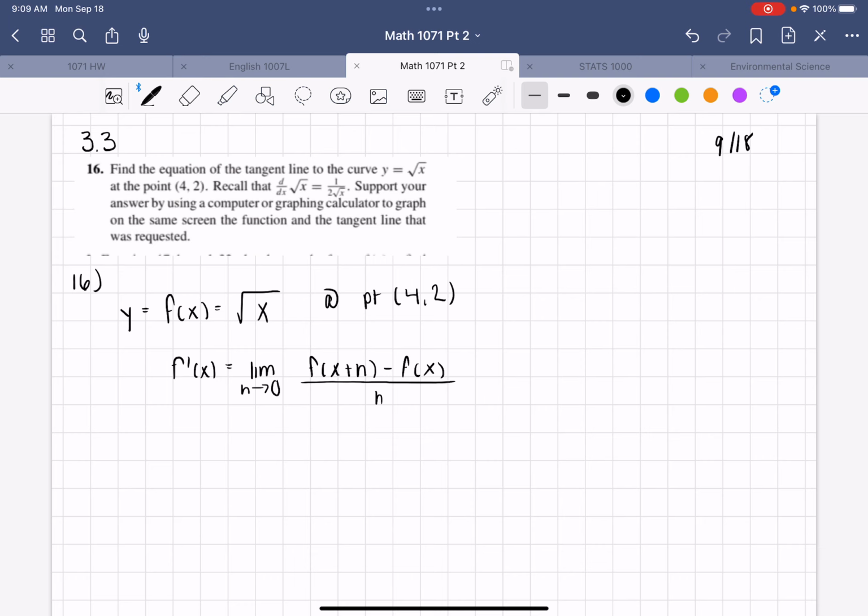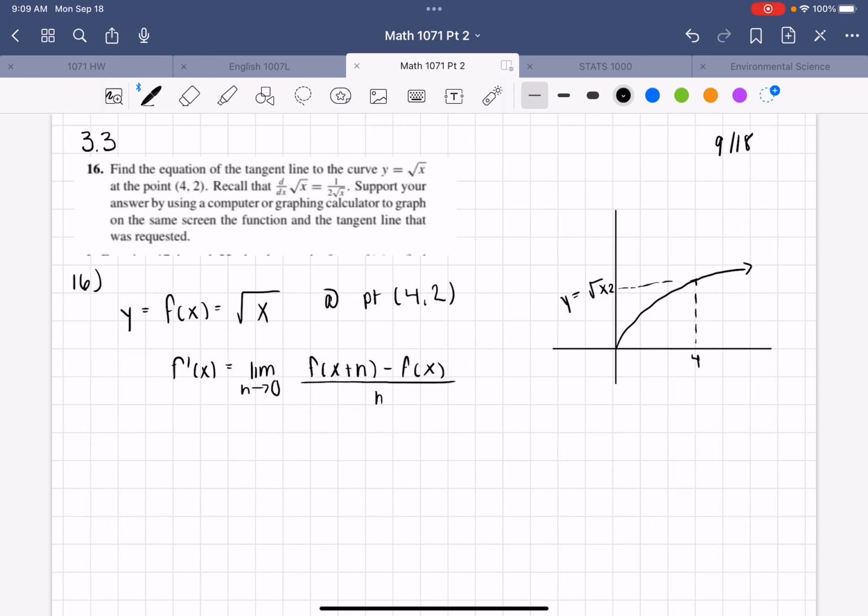And of course the square root of 4 is 2. So there's a point, and it wants the equation of the tangent line. Well, the hard part is the slope of the tangent. So here's that tangent line, the tangent there in blue.